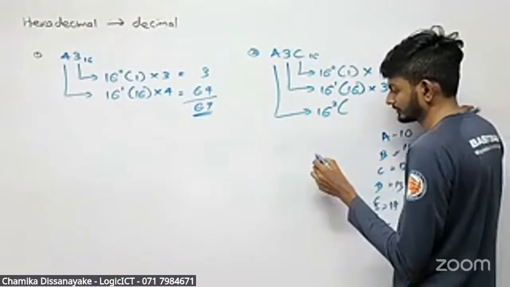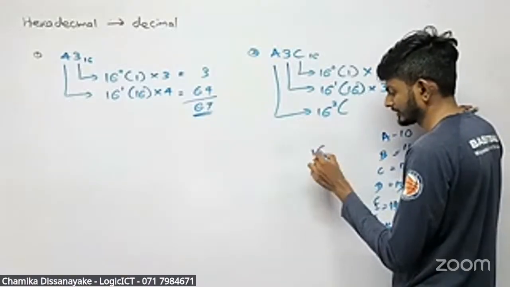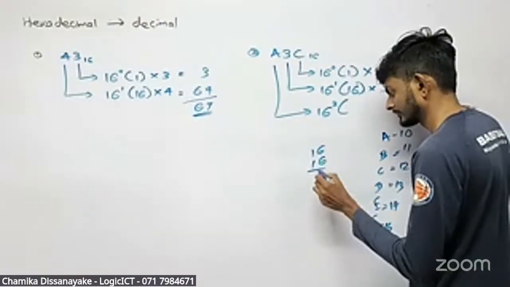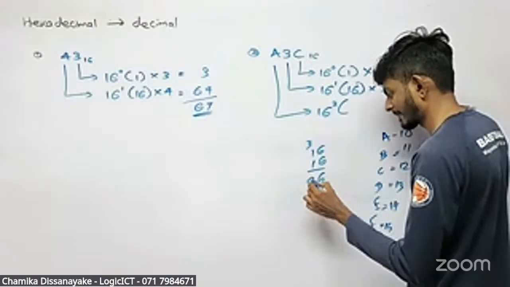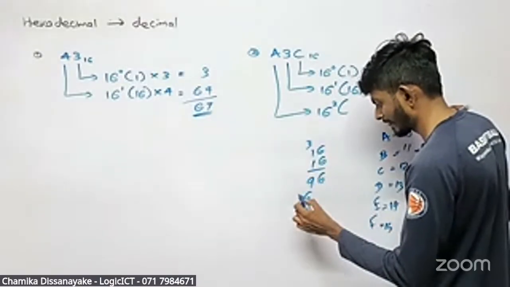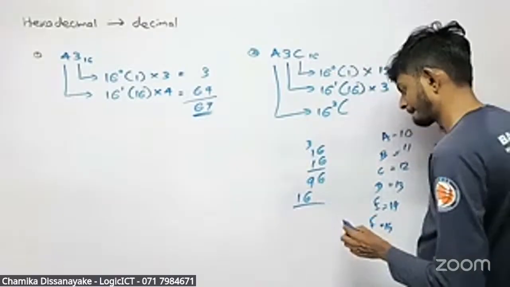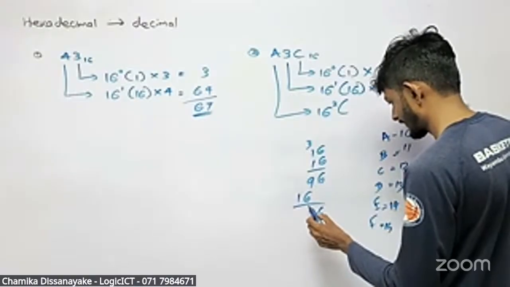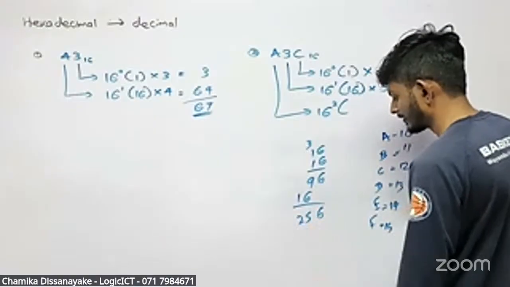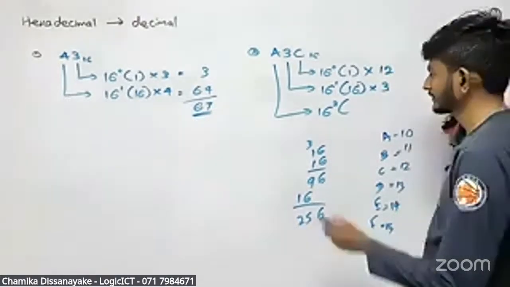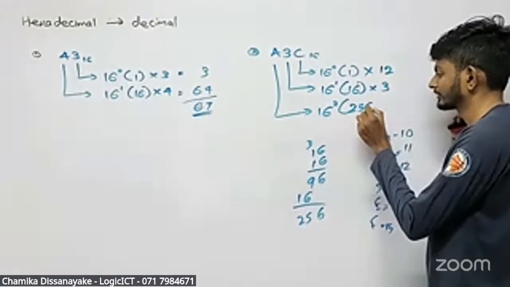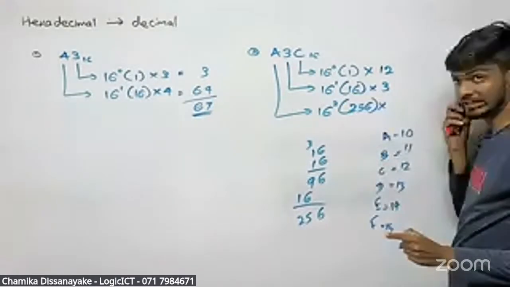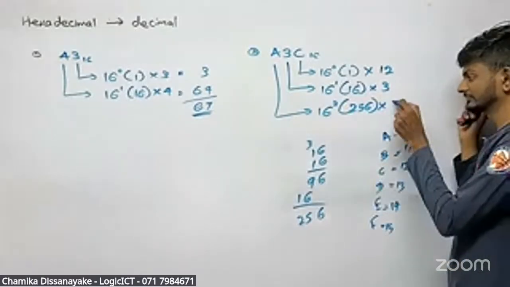What will be the value? 16 by 16, 256. 256 multiplied by what? What is the value of A? A means 10.